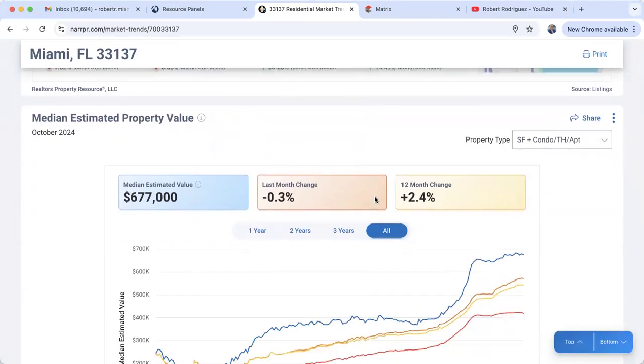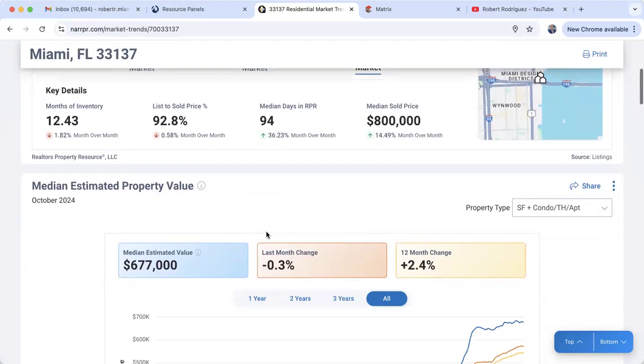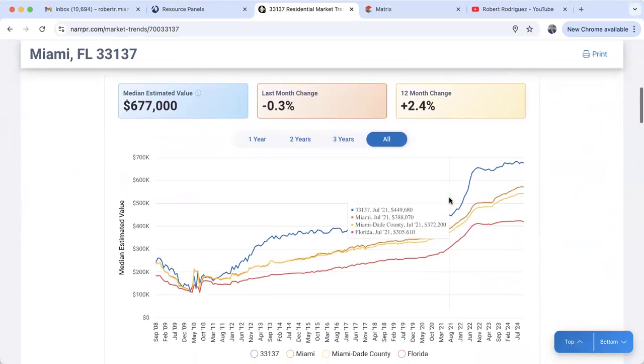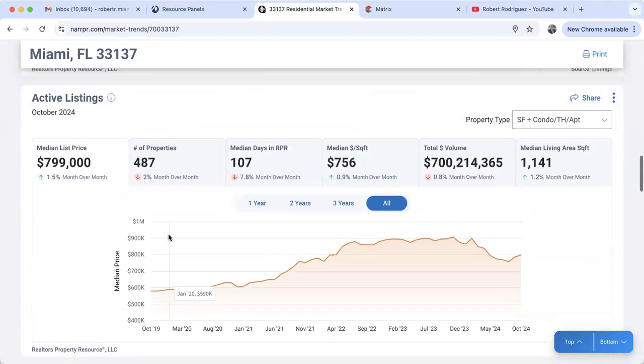Over the last year, the median estimated property value, which is different from the median sold price, right? That's different from the median sold price. The median estimated value is 677. That's up 2.4% from a 12-month period. All right. You got new listings. You have here active listings.